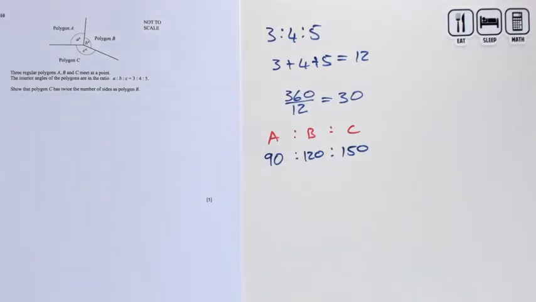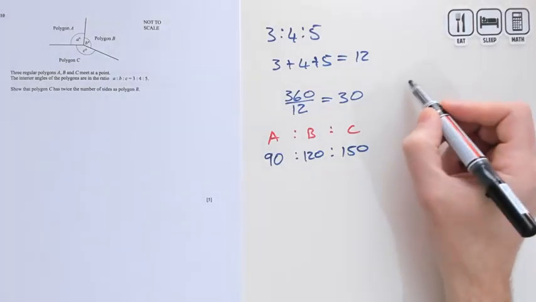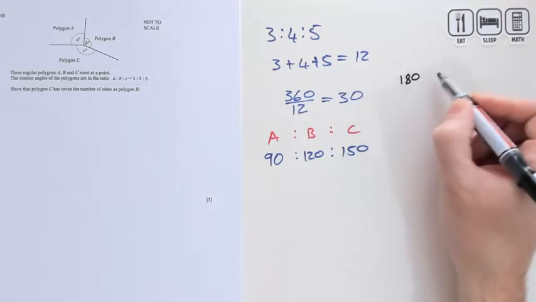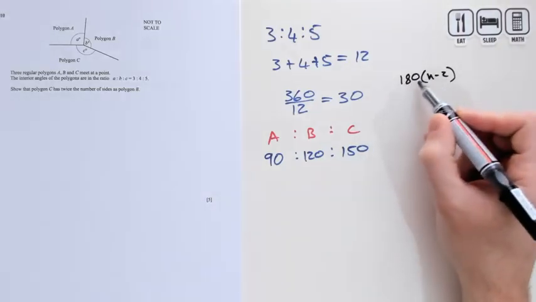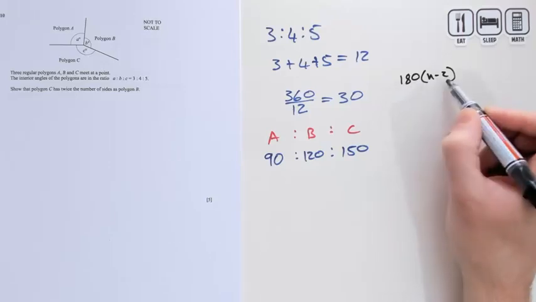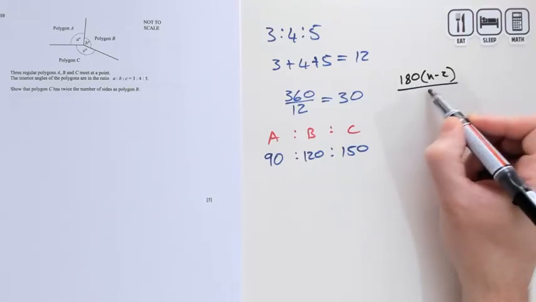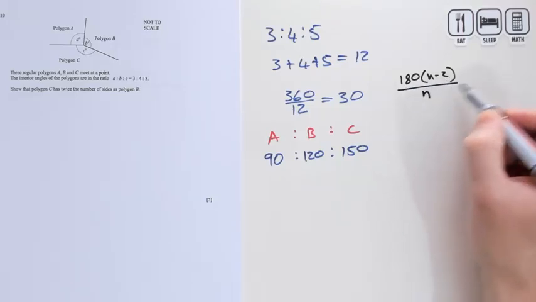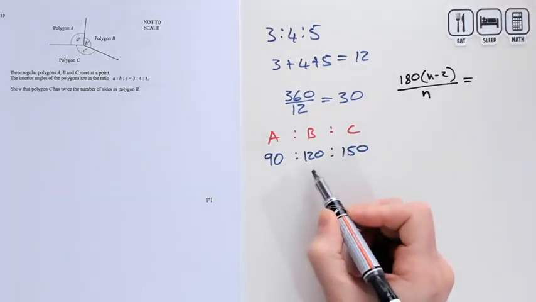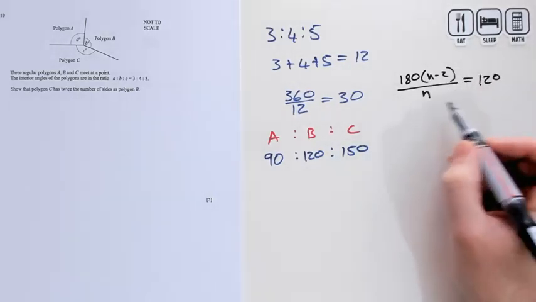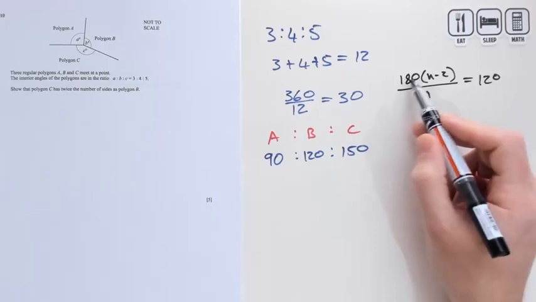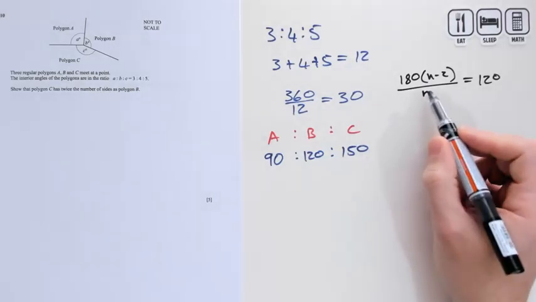And to get the number of sides, I need a formula. There's a long and a short way. I'll quickly show the long way. So the 180(n minus 2) formula would be the total of all the interior angles, but I want just one, so I'll divide by the amount of angles, n. And in this case for B, it's going to be 120. And then this is a rearranging of the formula, so I would multiply by n and distribute.